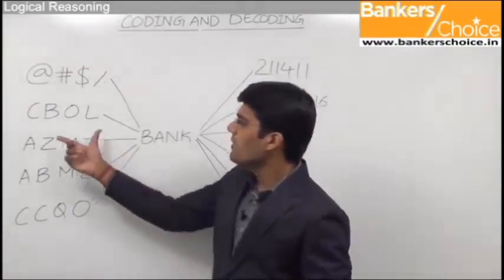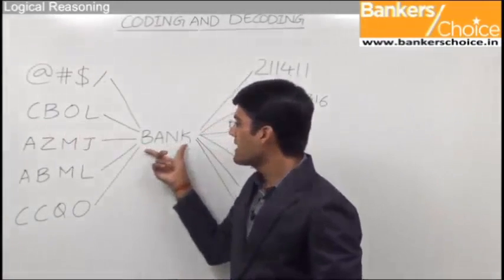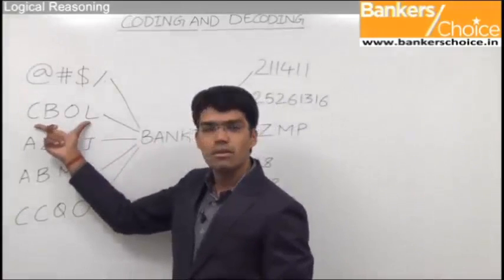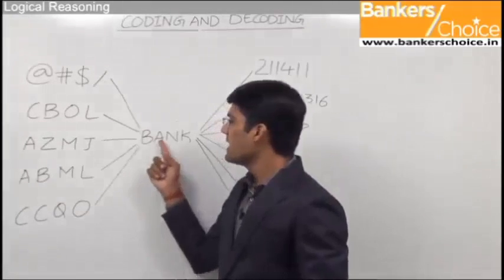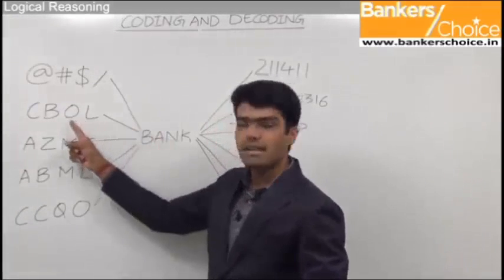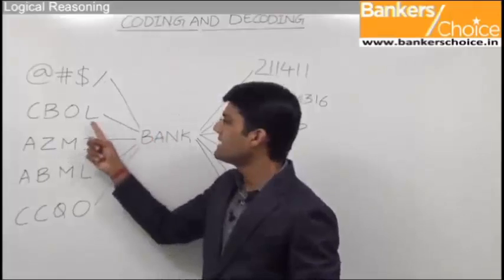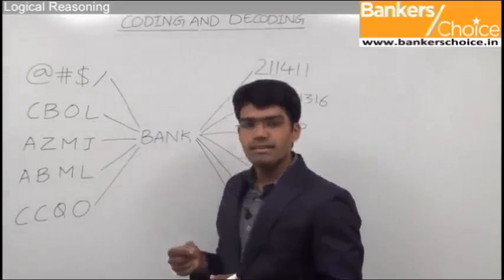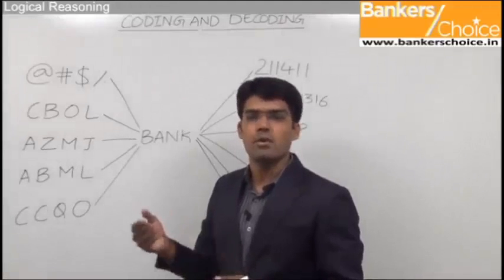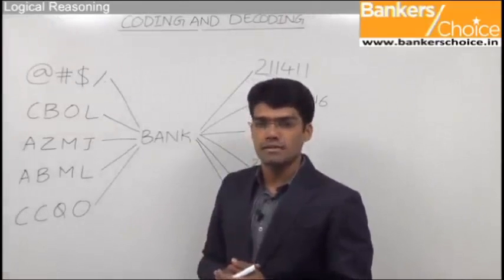Let us now look at the second way of coding here. The word bank has been taken as CBOL, which means B is taken as C, A is taken as B, N is taken as O, and the letter K is taken as L. The logic behind this kind of coding is shifting of the letters either in the forward direction or in the backward direction.